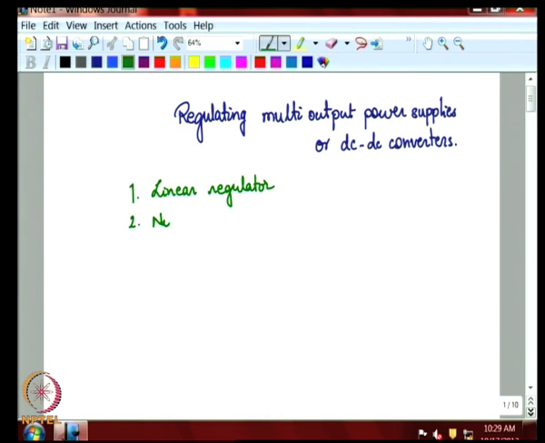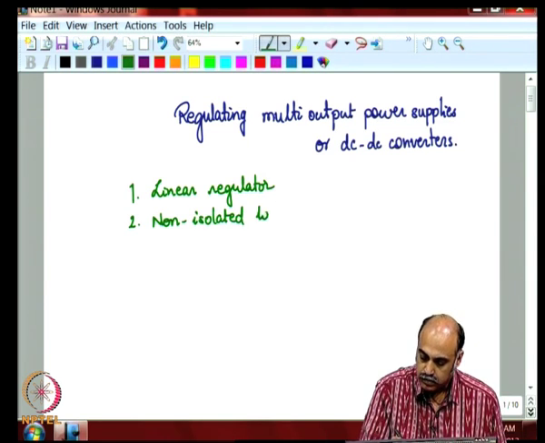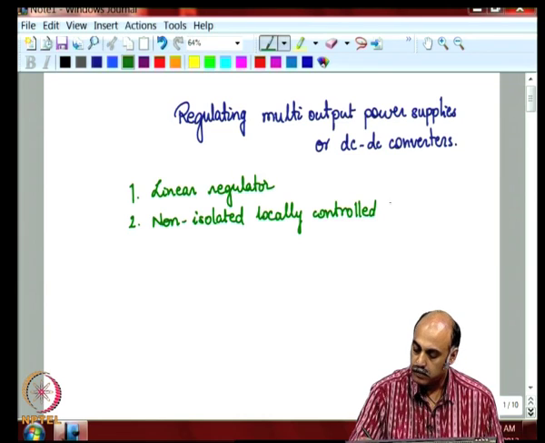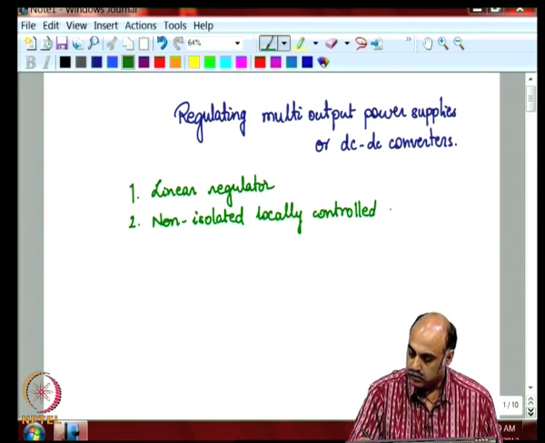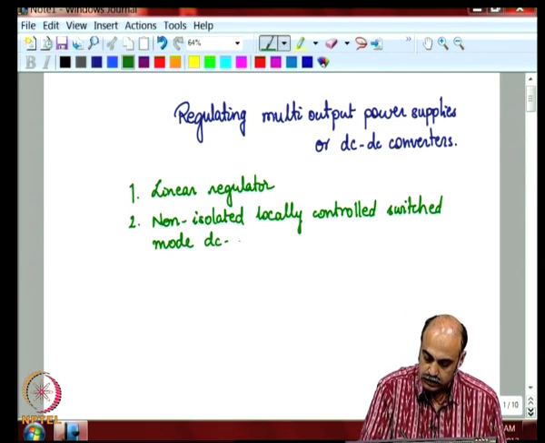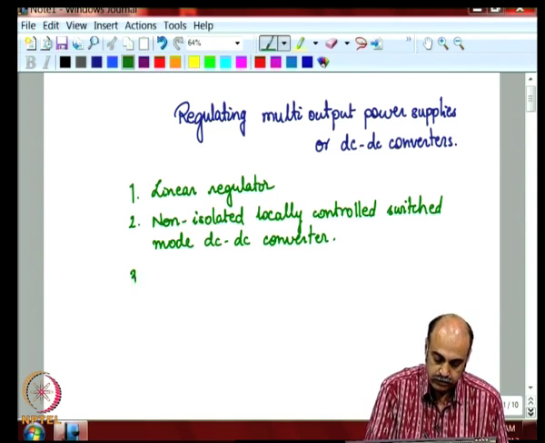Then we discussed non-isolated, locally controlled, switched mode DC-DC converters in place of the linear regulators.